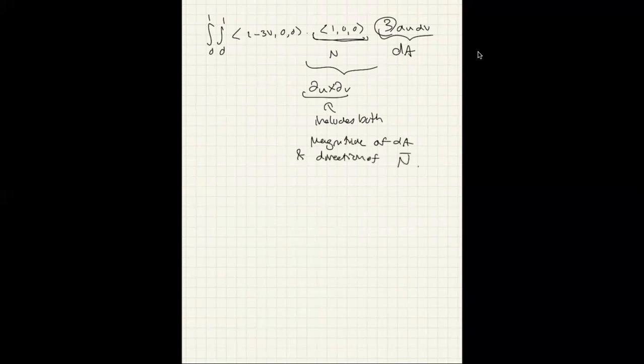So that's why oftentimes we write n dA is seriously just partial u cross partial v du dv. This sort of has all the information that you need.